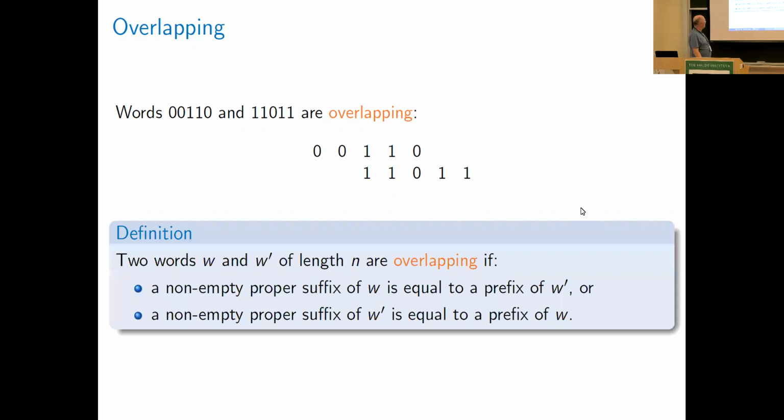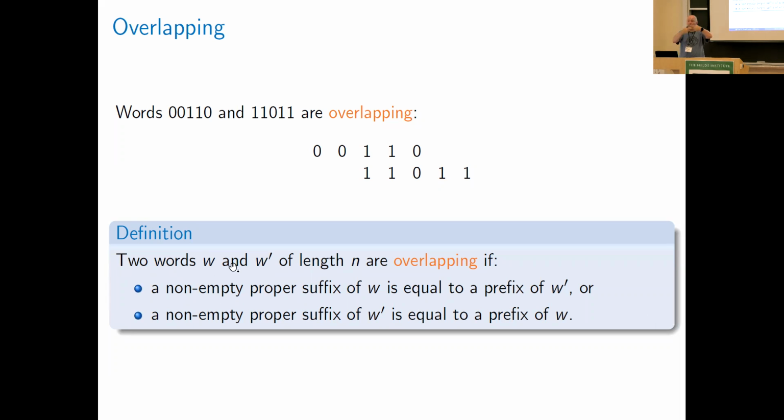All right, so here's the definition. You've got two words, W and W dashed, of length n. They're overlapping if the end of one word is equal to the beginning of the other. So a suffix of one is equal to a prefix of the other, one way around or the other, and it should be a non-empty prefix and suffix.